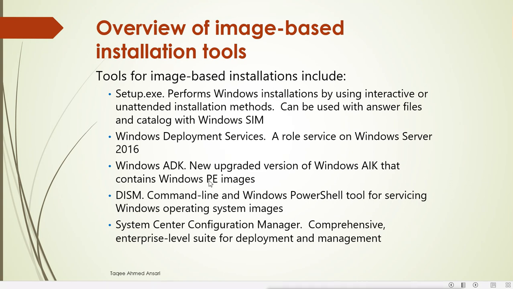So we can create a pre-executed boot image for installing the operating system, or we can use it to install from a flash drive also. We can create an installation flash drive, and from there we can install the operating system.